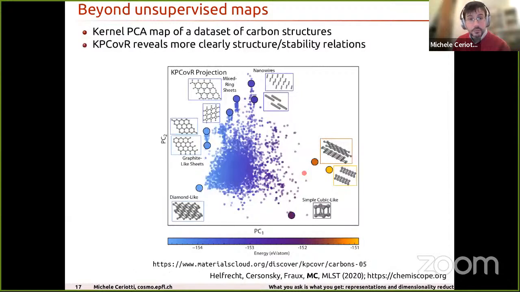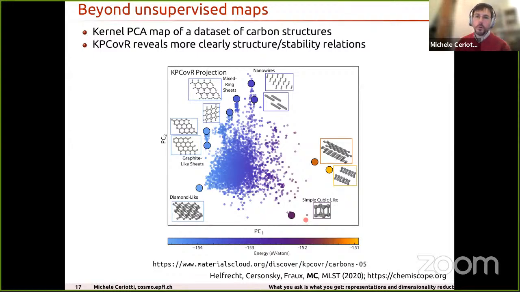So if instead you build this map using this kernel principal covariate regression technique and using the cohesive energy as the target, you don't only get a two-dimensional latent space that correlates beautifully with the actual stability of the different structures, but you actually get proper clustering of the different hybridized forms of carbon, and the messy ab initio random structure search configurations end up in a messy blob in the middle, which is, in my opinion, where they should be, and you get absurd simple cubic carbon as an outlier.